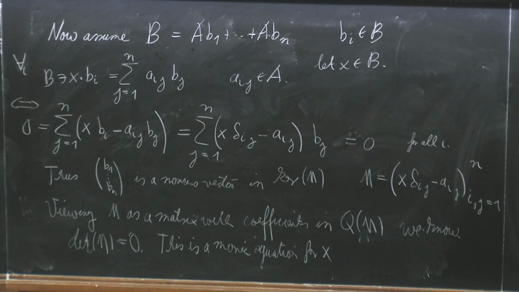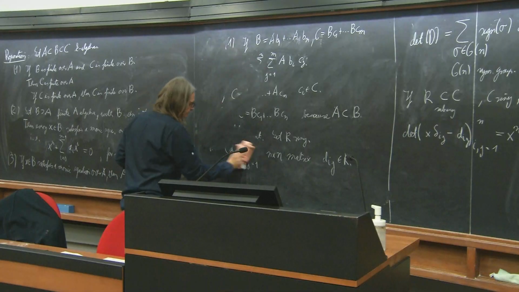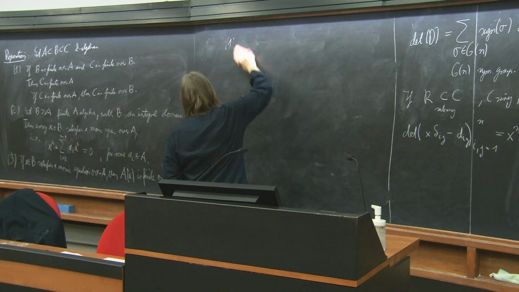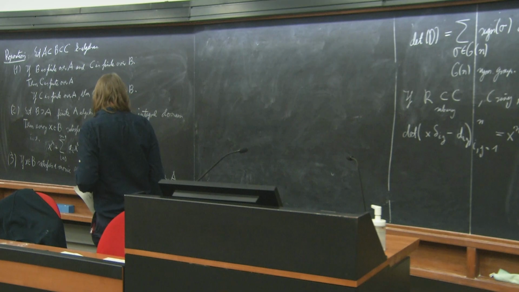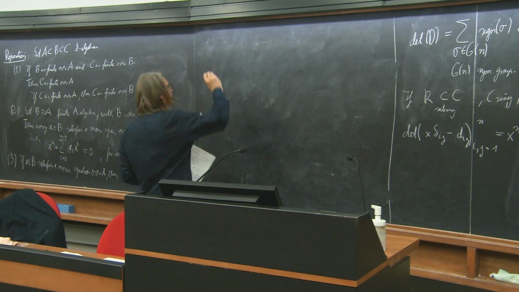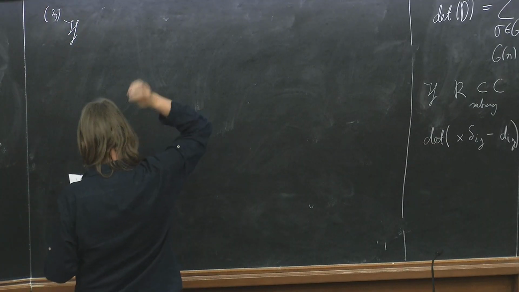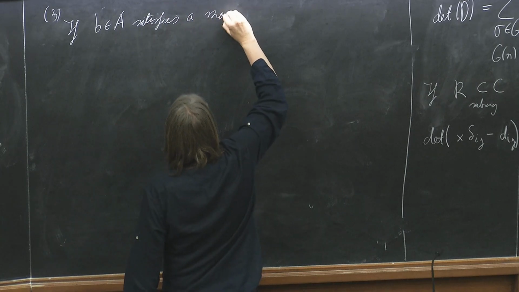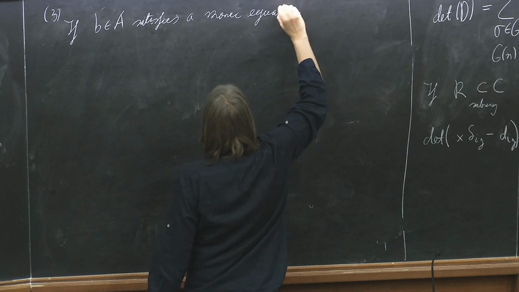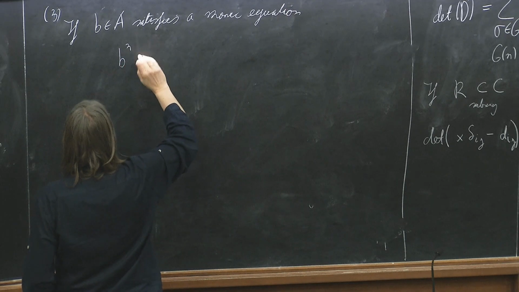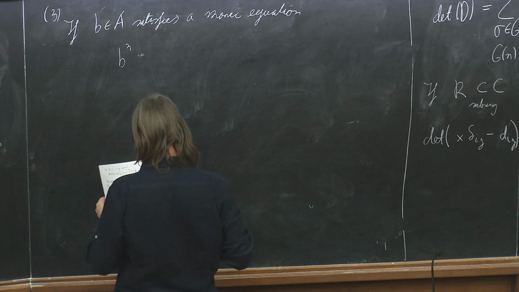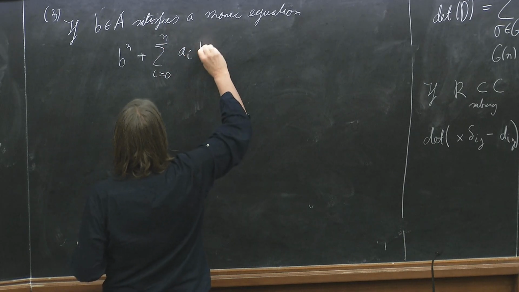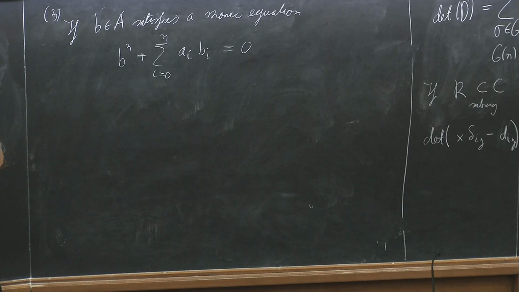And then the last statement was just that if we have an element in the bigger ring which satisfies a monic equation, then if we add it to A, this new ring becomes finite over A. So if this element, call it b, satisfies a monic equation, b to the n plus sum i equals 0 to n minus 1 of ai b to the i is equal to 0, then obviously we can bring this to the other side.